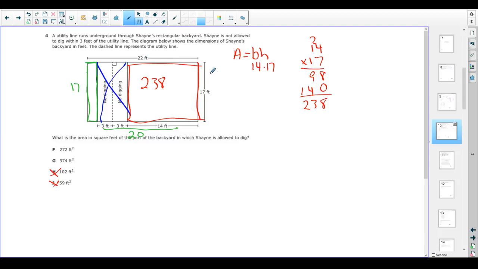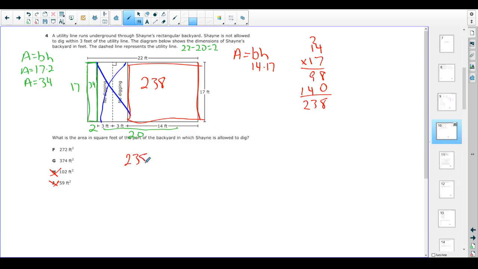So if we say 22 minus 20, it's 2 remaining. This little piece here has to be 2. We can find the area of that rectangle now. 2 times 17 gives us an area of 34. And once we have these two numbers, then we just combine them together.